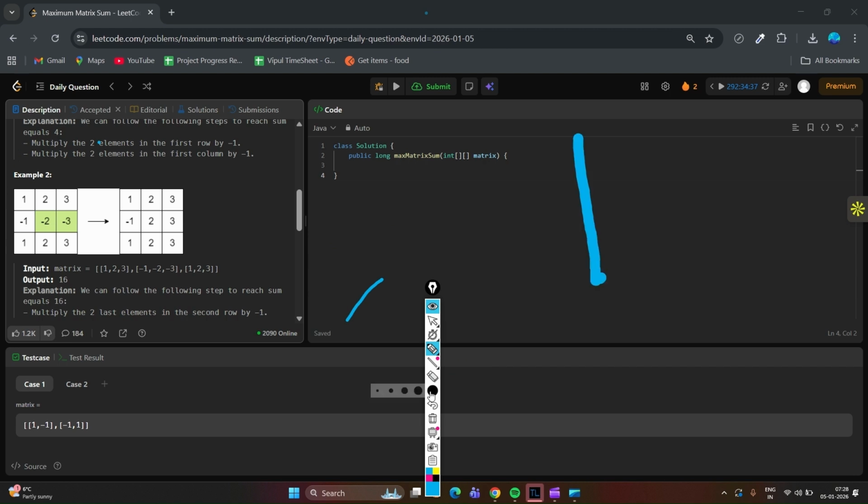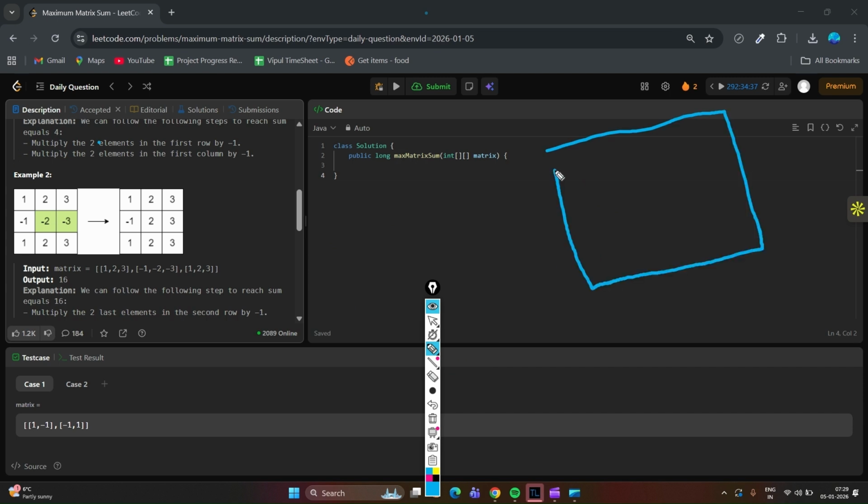We have a matrix, and in this matrix we have values.